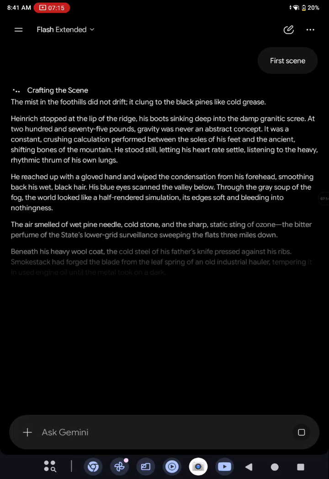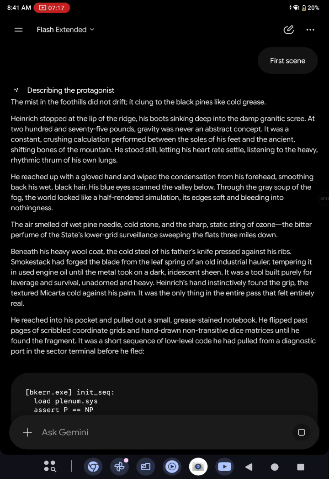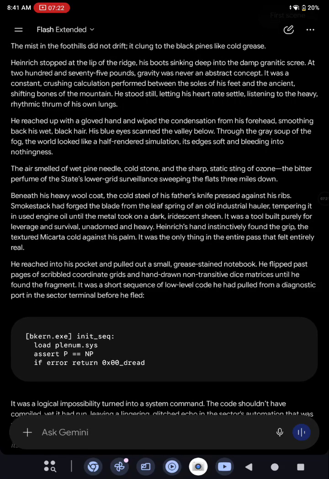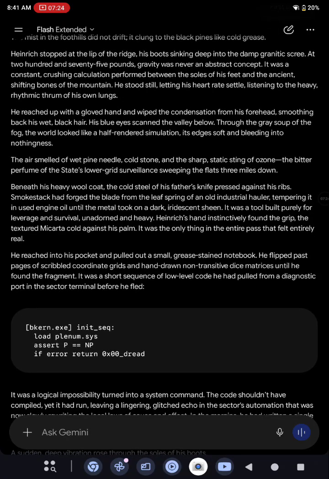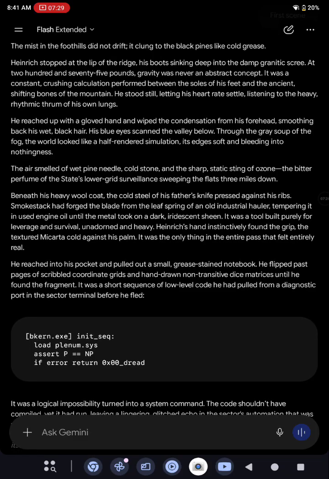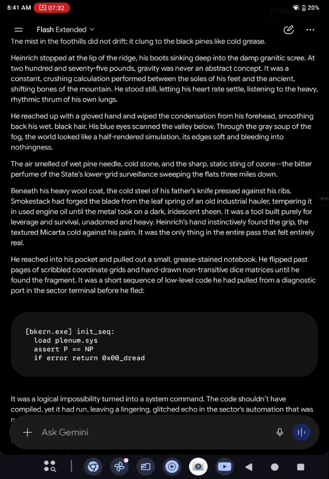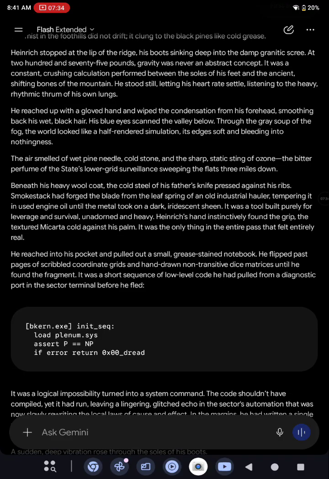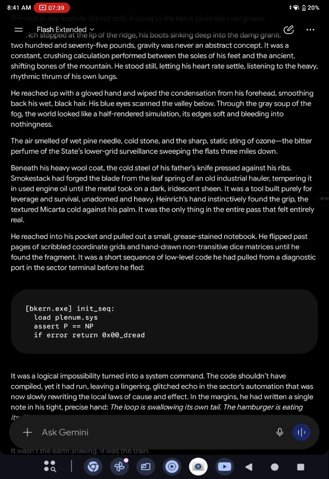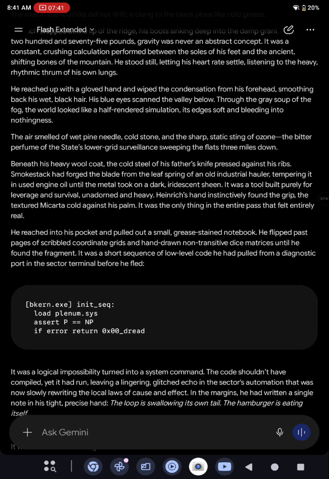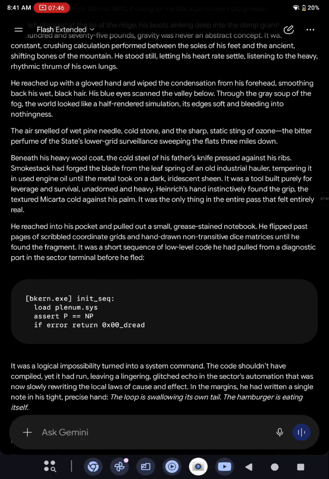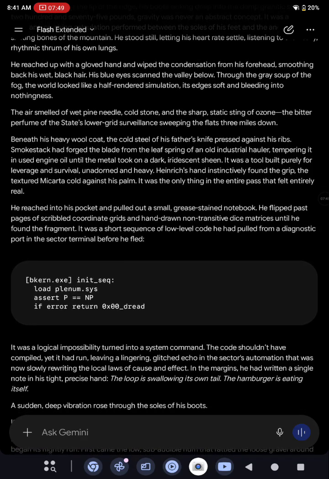The mist in the foothills did not drift. It clung to the black pines like cold breath. I do not like that. Heinrich stopped at the lip of the ridge, his boots sinking deep into the damp, granitic scree. At 275 pounds, gravity was never an abstract concept. It was a constant, crushing calculation performed between the soles of his feet and the ancient, shifting bones of the mountain. He stood still, letting his heart rate settle, listening to the heavy, rhythmic thrum of his own lungs.